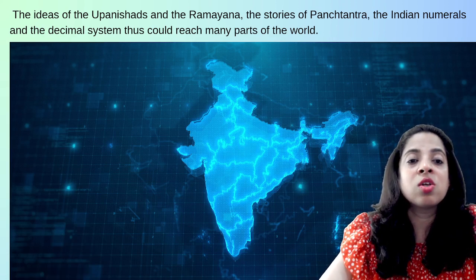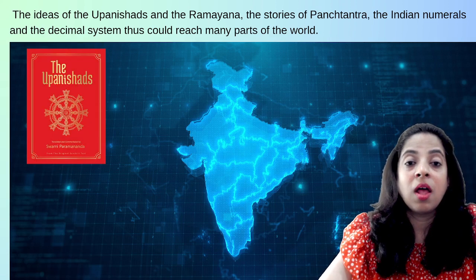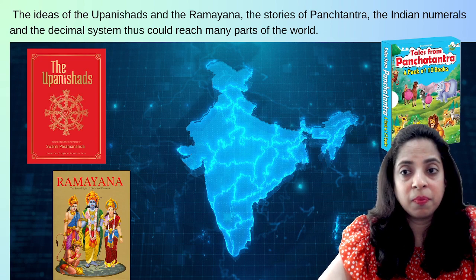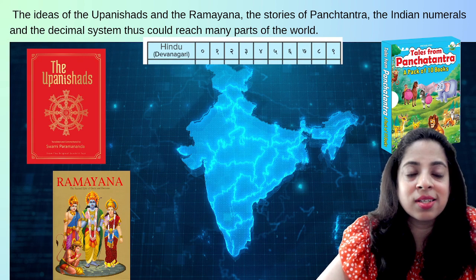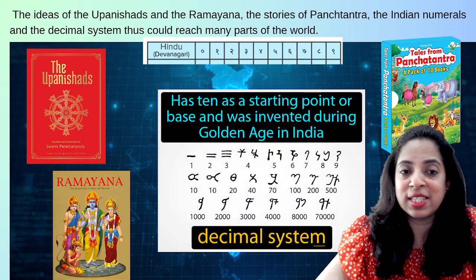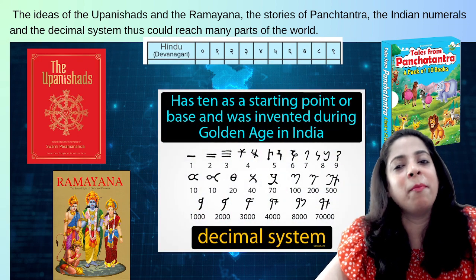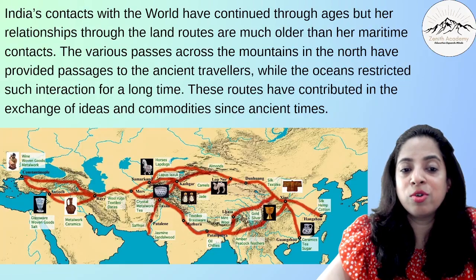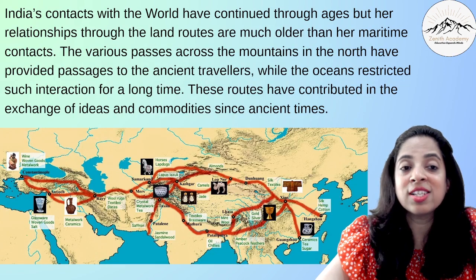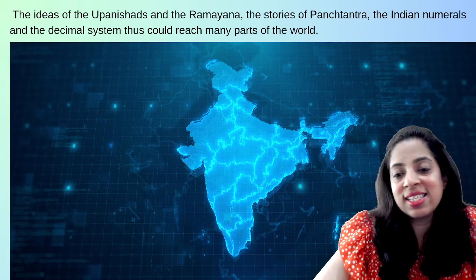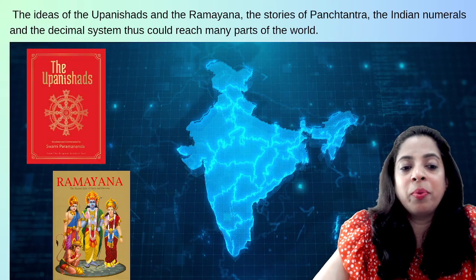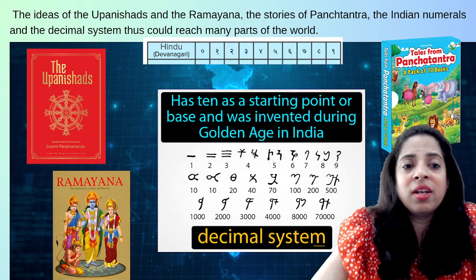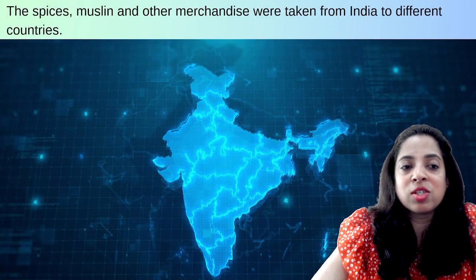Now the ideas of the Upanishads and Ramayana, the stories of Panchatantra, the Indian numerals and the decimal system could reach many parts of the world through these routes that I have shown you. So India's contact with the world is in such a way that the Upanishads, Ramayana, Panchatantra, Indian numerals and the decimal system could reach many parts of the world.